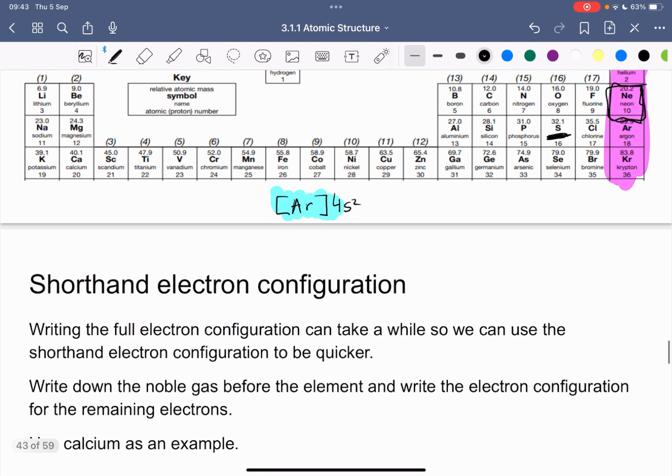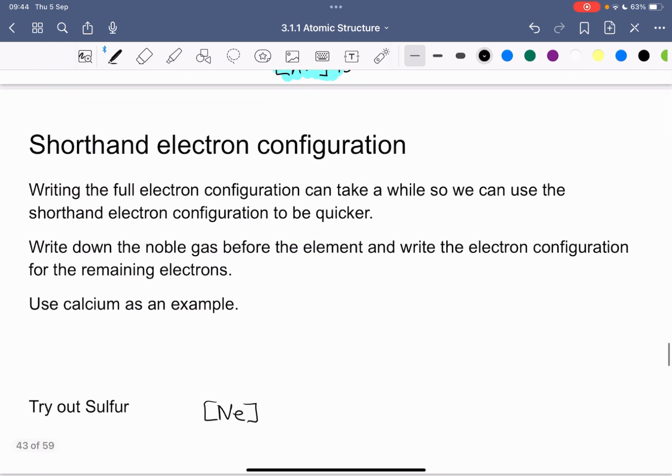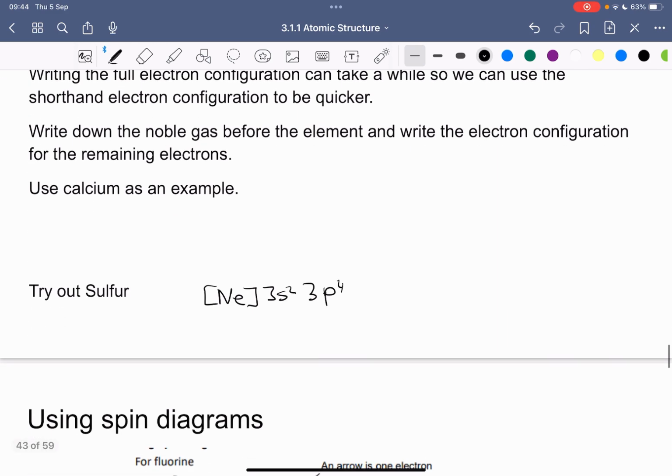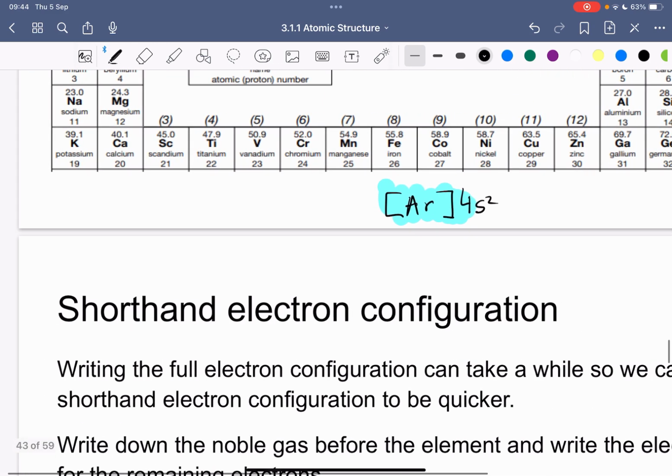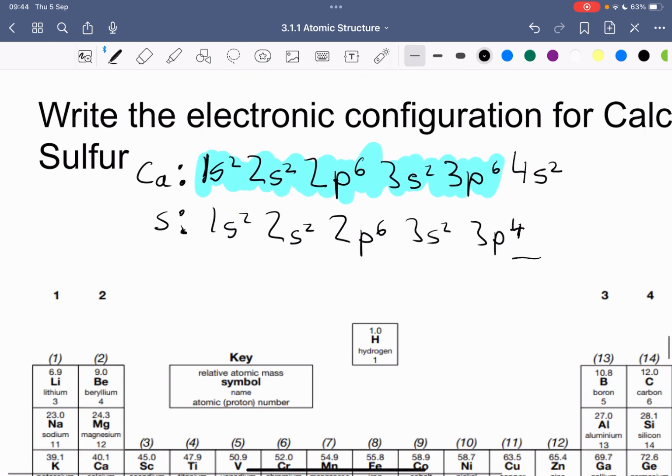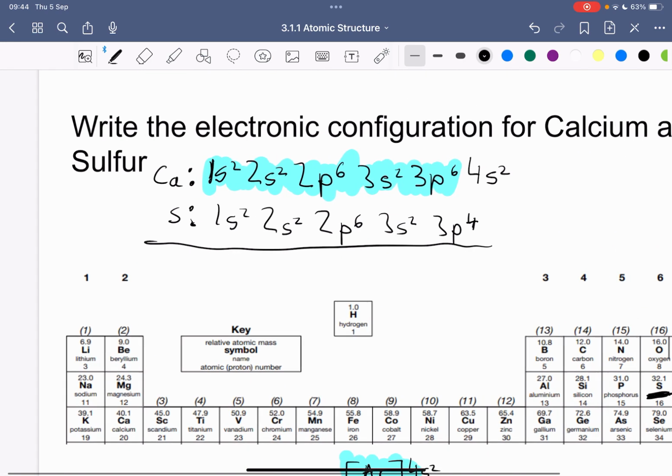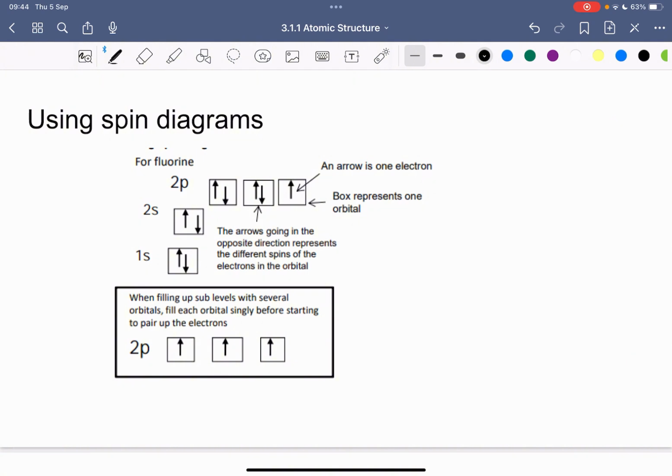And then I go through 3s2, 3p4. So 3s2, 3p4. Now this is just a quicker way of saying this here.